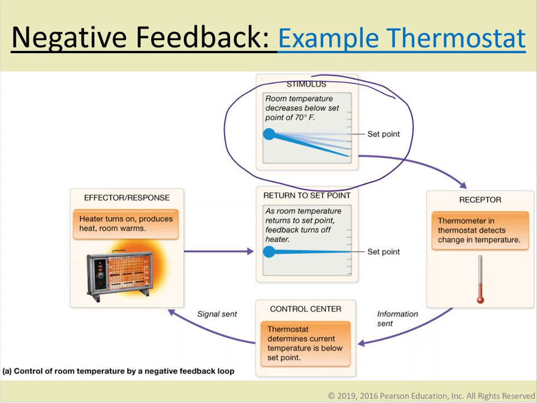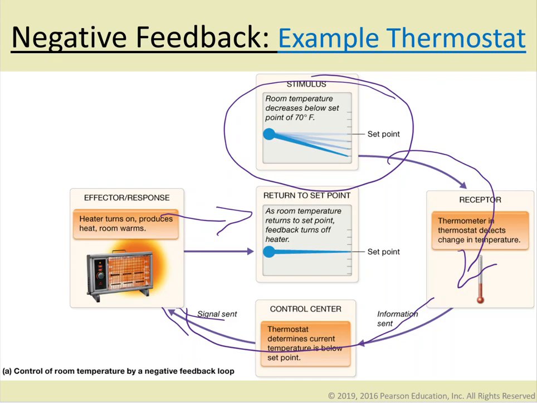So something happened and went below the temperature that's registered by the thermostat. It causes the heater to kick in. The heater starts to warm up your house to bring your house back to set point. Once it reaches set point, it stops. If the temperature goes down again, it does the whole process all over again.